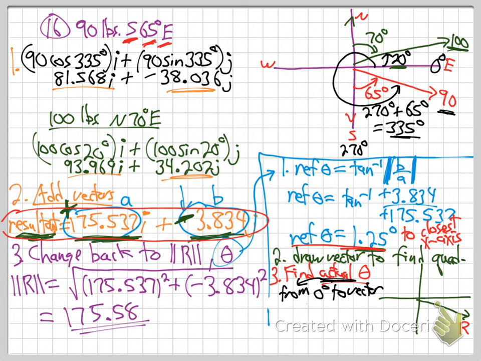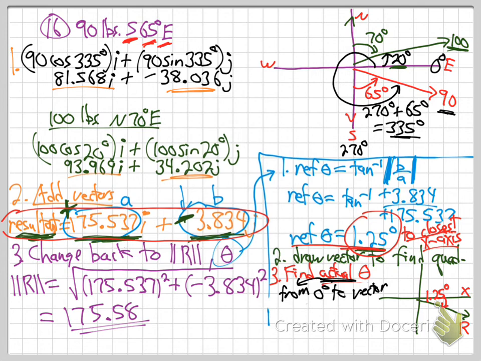See the difference? An actual angle starts at 0 and goes all the way to the vector, whereas a reference angle is to the closest x-axis. So when we say the reference angle is 1.25 degrees, we mean from here to there is 1.25 degrees, right? From the nearest x-axis to the vector is 1.25 degrees, now that we know it's in the fourth quadrant.